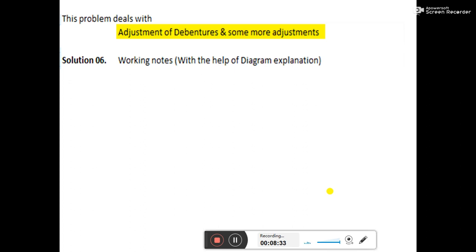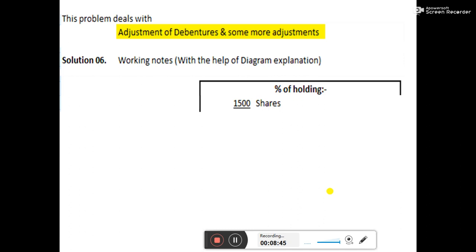Before understanding diagram explanation, it is very important to calculate what is the percentage of holding and subsidiary, that is minority. Percentage of holding will be how much H Limited is holding in S Limited. So it's given in the problem that 1,500 shares is being held by H Limited in S Limited out of total of 2,000 shares.